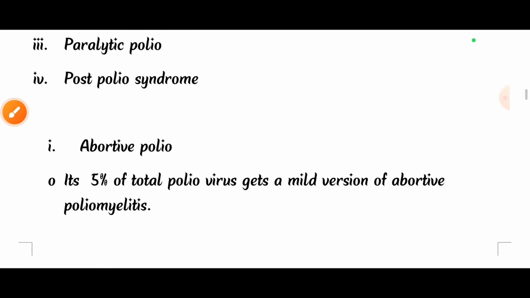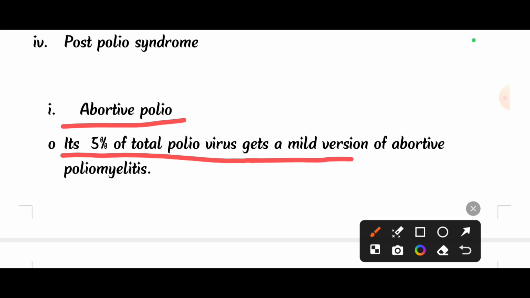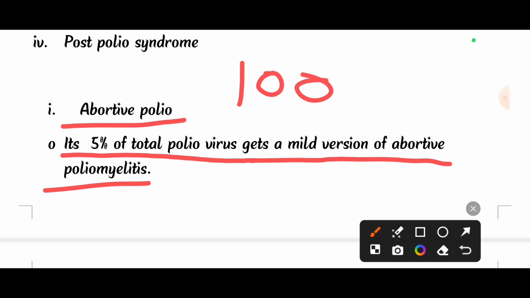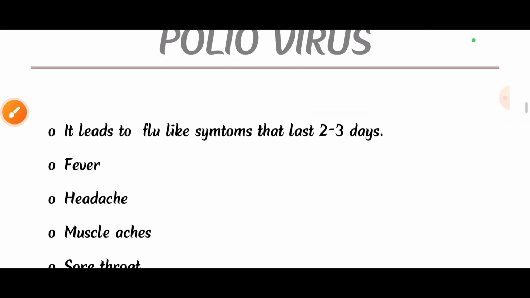First of all, we talk about abortive polio. About 5% of total polio cases get the mild version, abortive poliomyelitis. It means if there are 100 polio cases, only about 5% of patients get abortive poliomyelitis, maybe 1% or 2% in some.